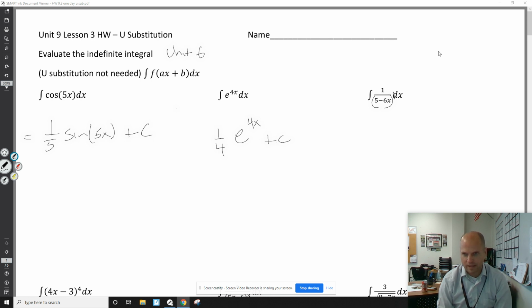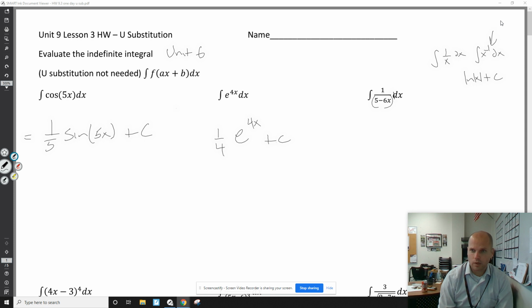Here we have to remember that the antiderivative of 1 over x, or the antiderivative of x to the negative first, is the natural log function, natural log absolute x. A helpful thing is to always rewrite it as negative first power and try to use the power rule. Doesn't work. X to the 0 times 1 over 0. That's not something. Is it 1? Is it undefined?